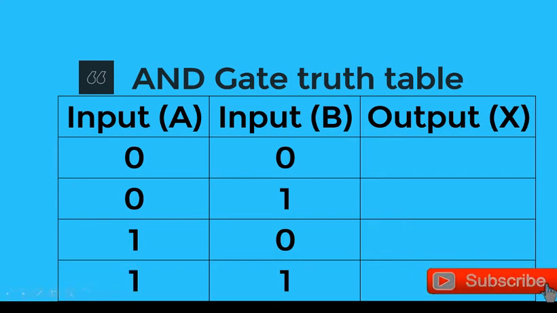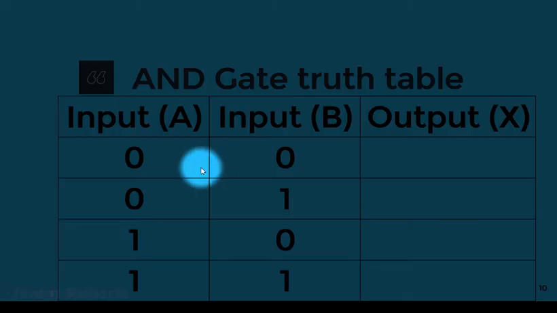Now, in terms of determining the output, we can think back to the operation of the AND gate, in that it multiplies the input. So if we multiply 0 and 0, we get a 0. If we multiply 0 and a 1, we get a 0. If we multiply a 1 and a 0, we get a 0. And if we multiply 1 and 1, we get a 1.